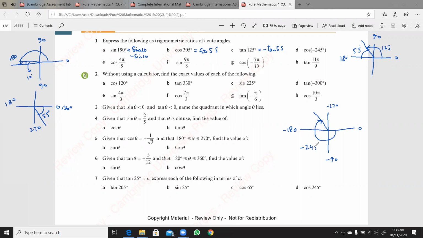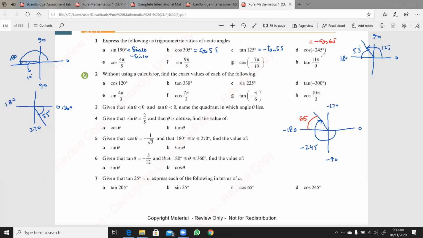What is the basic angle here? That would be 65. Do we have cos positive here or negative here? Negative. So this cos of minus 245 is the same as minus cos 65.